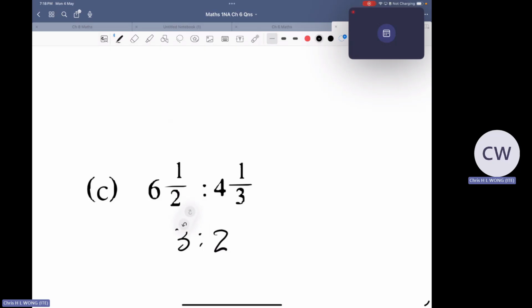If you don't get it, check with your friends. Three to 2. Okay.